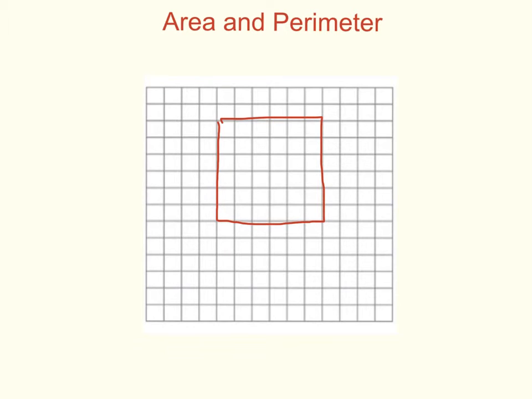Here's a square or rectangle-ish kind of shape, and I'm going to find the perimeter. But instead of counting all the way around, what I'm going to do is count the length. It's 6 centimeters. And the width, it's 6 centimeters. All right. Now to find perimeter, there's a way to do this quickly.